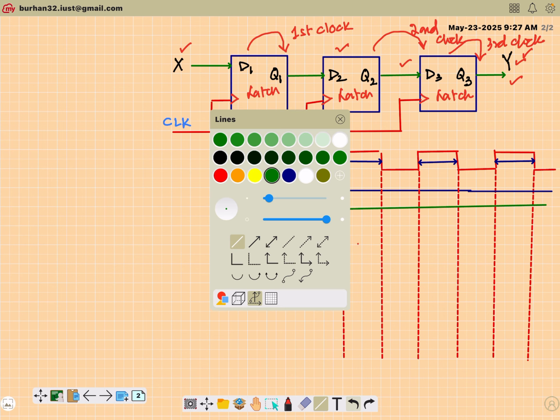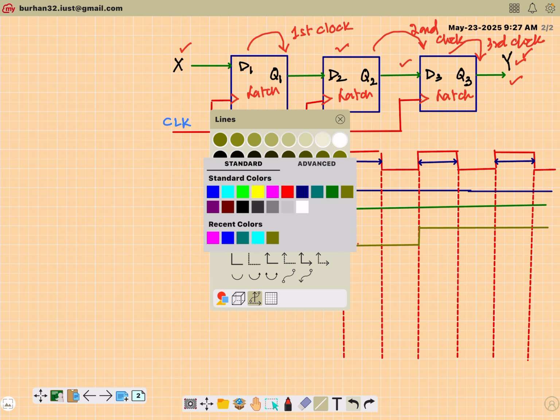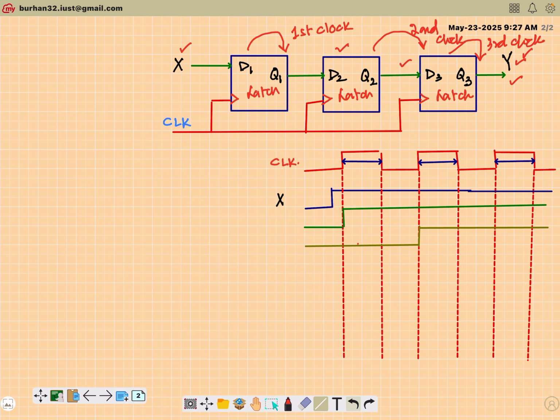Then Q2 should have behaved like this. Up to this instant low, as soon as the second clock comes, it will have this output and then remain throughout. And finally, Q3 should have behaved like this. This is my expected behavior, then remain high.